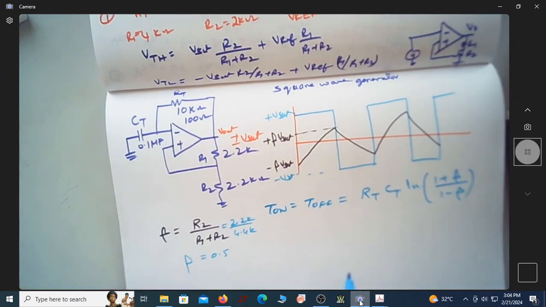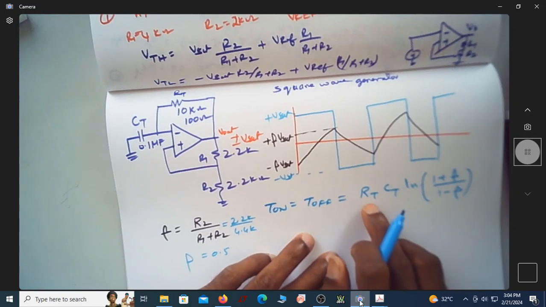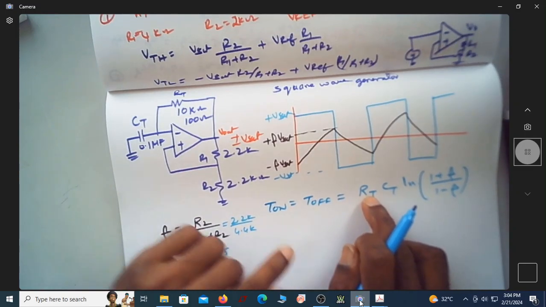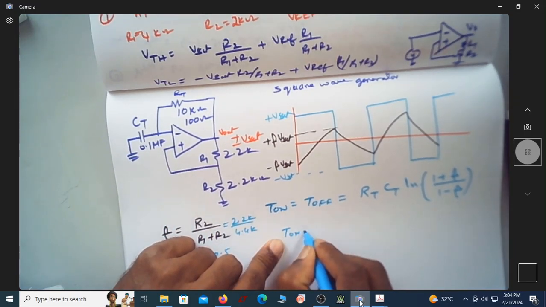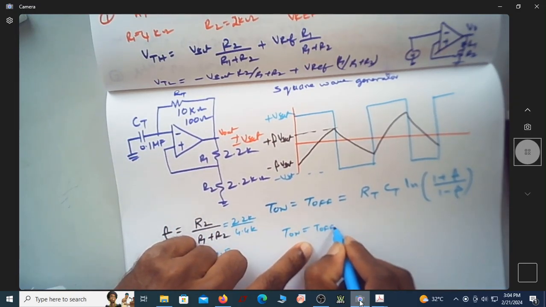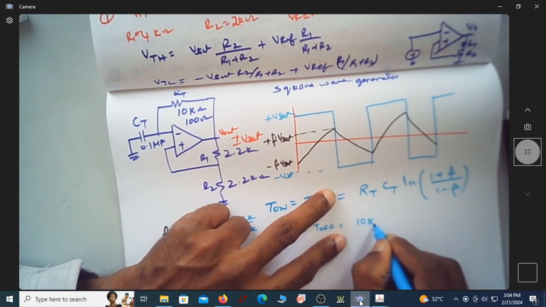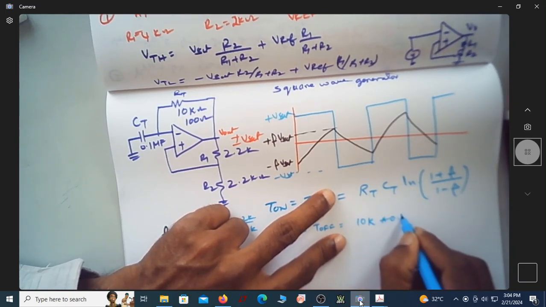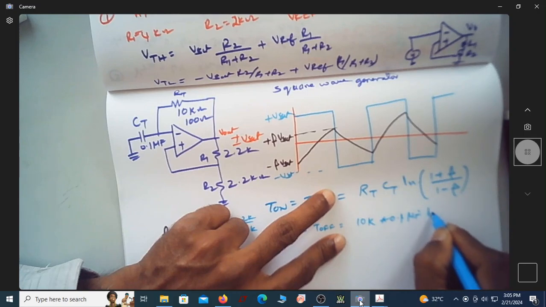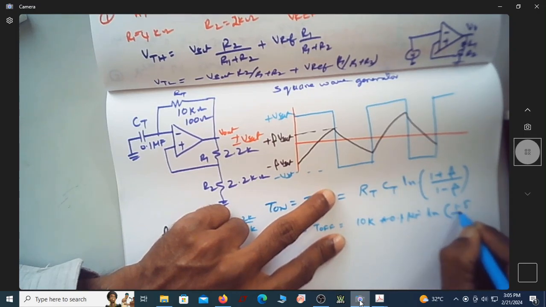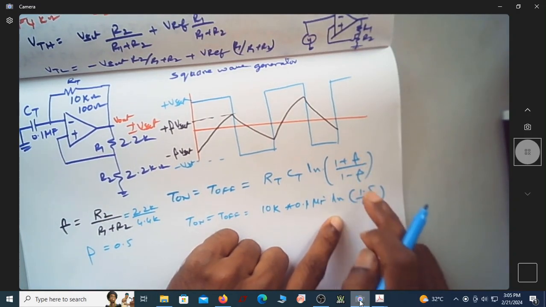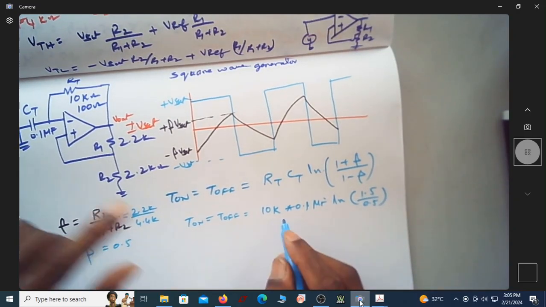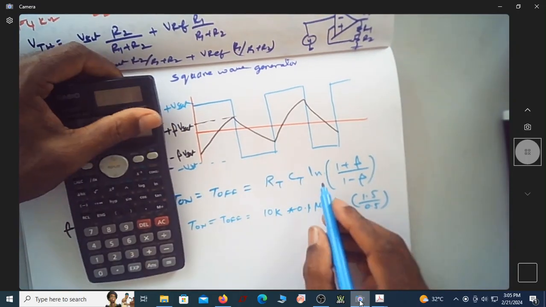So beta is 0.5. If you take the value of RT as 10 kilo ohm, then T on is equal to T off, which is 10k multiplied by 0.1 microfarad ln of 1.5 by 0.5. Because beta is 0.5, you can find out what this time will be.